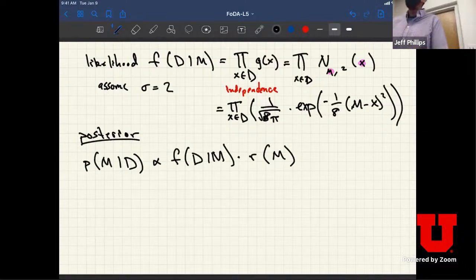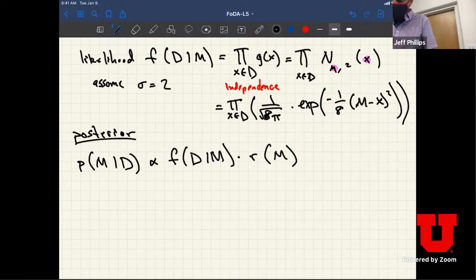Okay, and so this will again be easier to look at in the log posterior. So we can instead look at the log posterior, the log of the posterior M given the data.